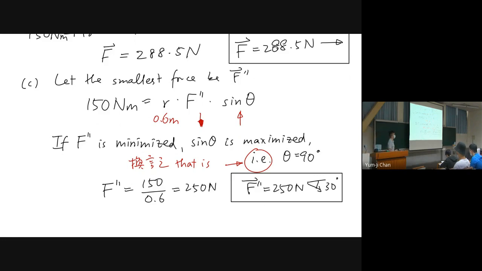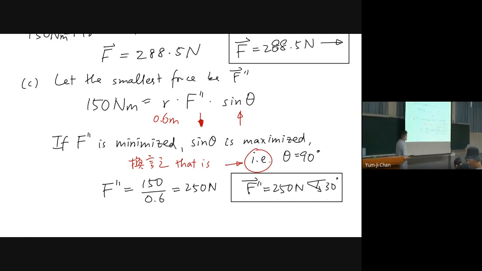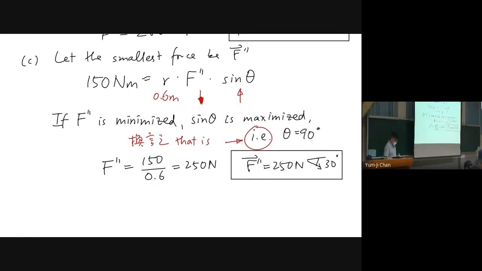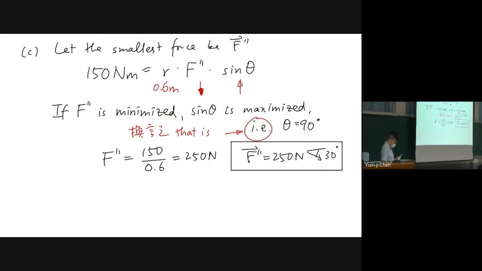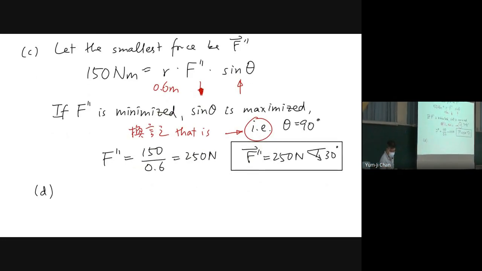Okay. So now the first three parts should be easy to you, and about the last part, whether the force obtained in B or C is equivalent to the original force.